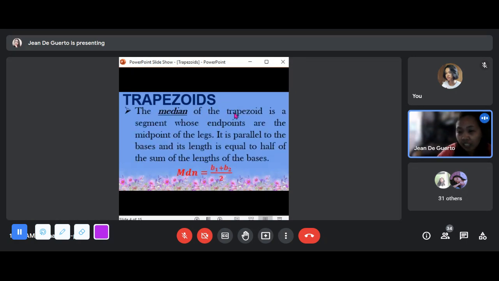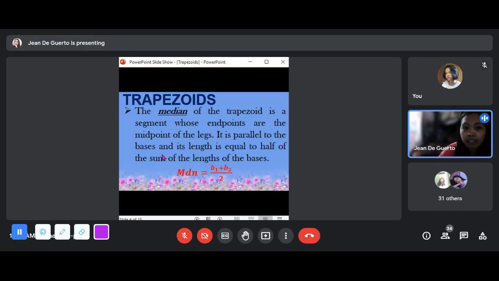Then the median of a trapezoid is a segment whose endpoints are the midpoints of the legs. The median of a trapezoid is sometimes also called the mid-segment of a trapezoid. So, median or mid-segment, they are the same.